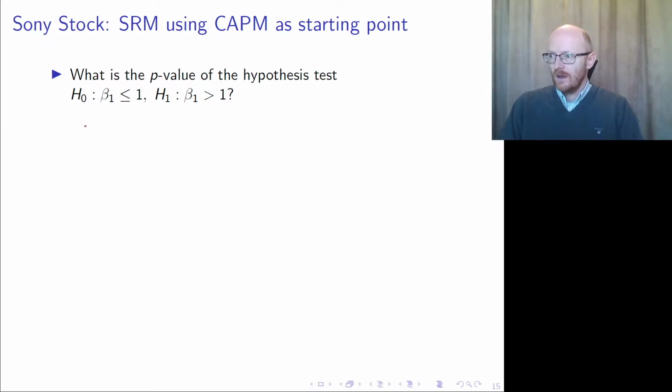Okay, so if beta is greater than 1, then you say that you have an aggressive stock, okay?